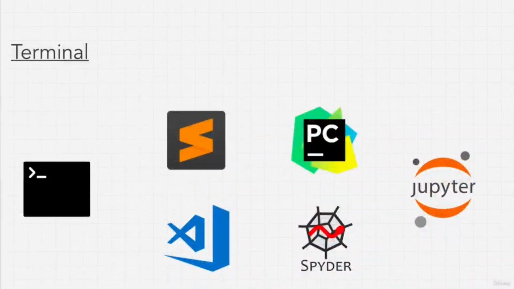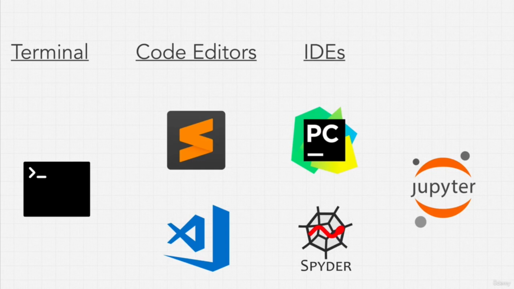Instead, most of the time, we use something like code editors or IDEs. Now, nothing's preventing me from writing Python code in, let's say, a Word document, a Google Docs, or a text file. But the problem with that is that it just looks like text.